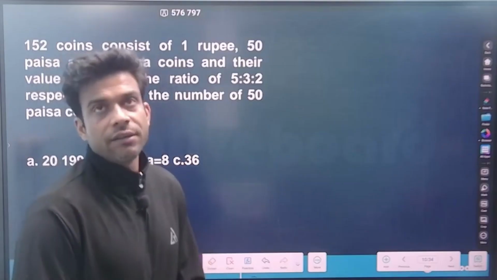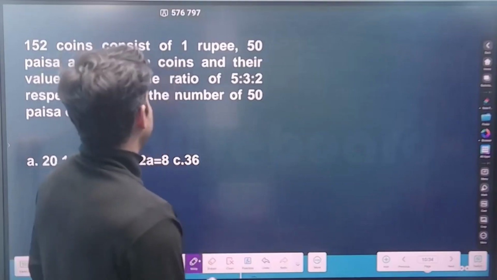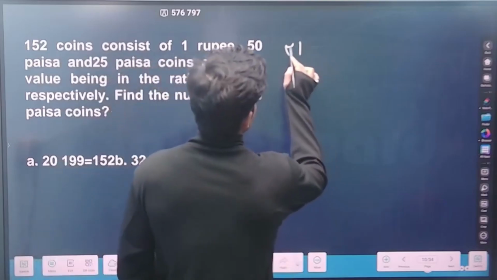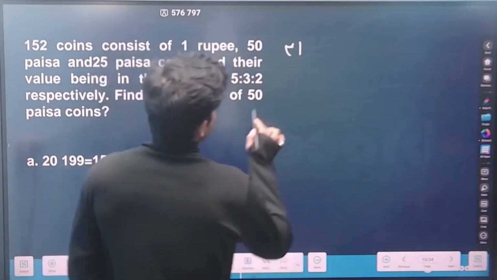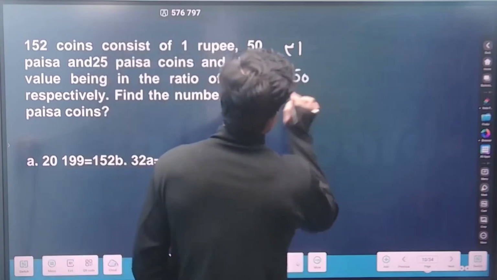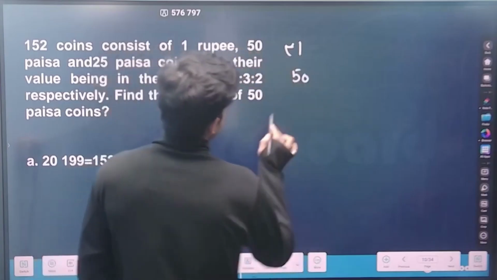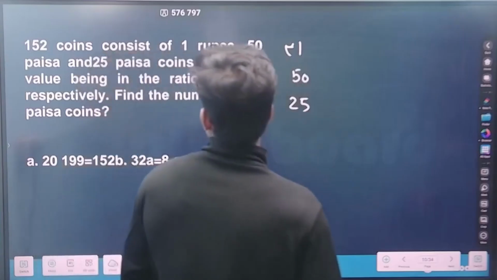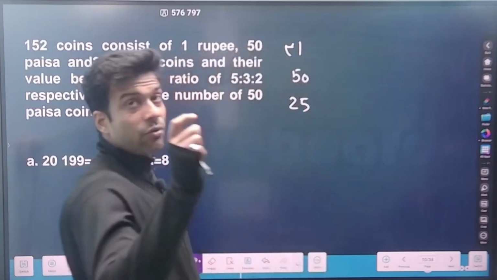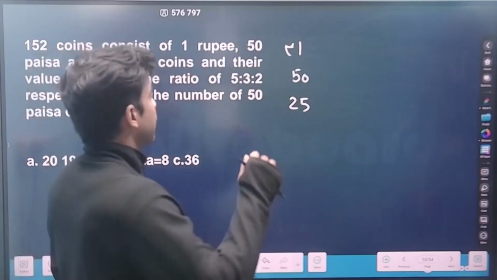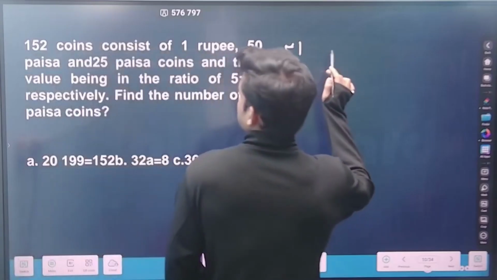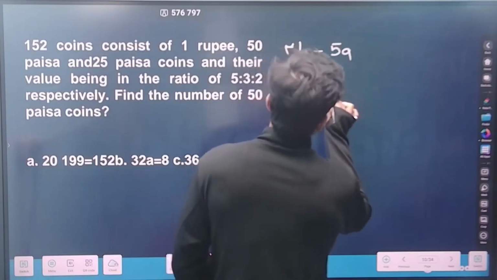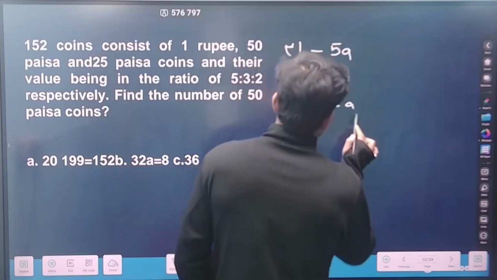I cannot do anything. So we are having a 1 rupee coin, then we are having 50 paise, then 25 paise. Now their values are in the ratio of 5A, 3A and 2A.